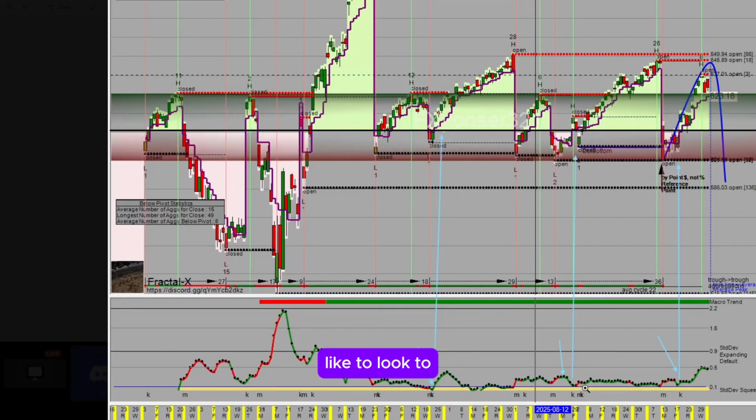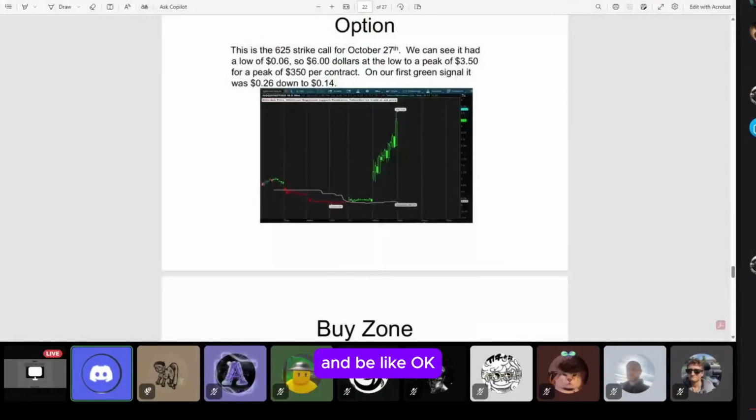So what I like to look at also is that ribbon on the macro. Is the length of the red area kind of similar to the left-hand side? Because I'm trying to gauge it. So I'll look at that macro and be like, okay, have we got about as much red as we have on the other left-hand side, the back testing reds?